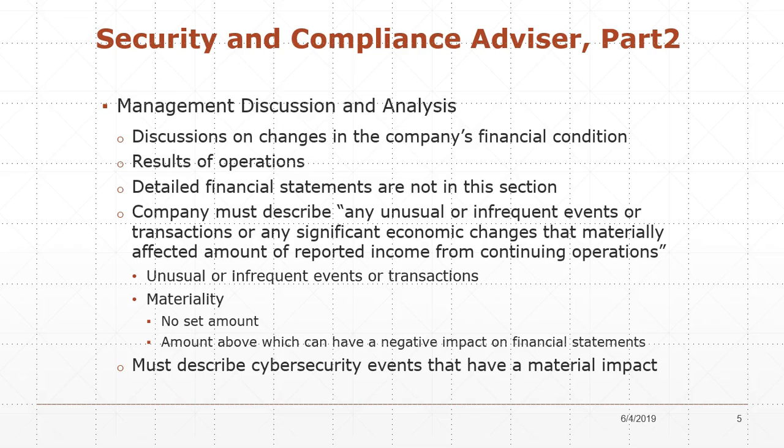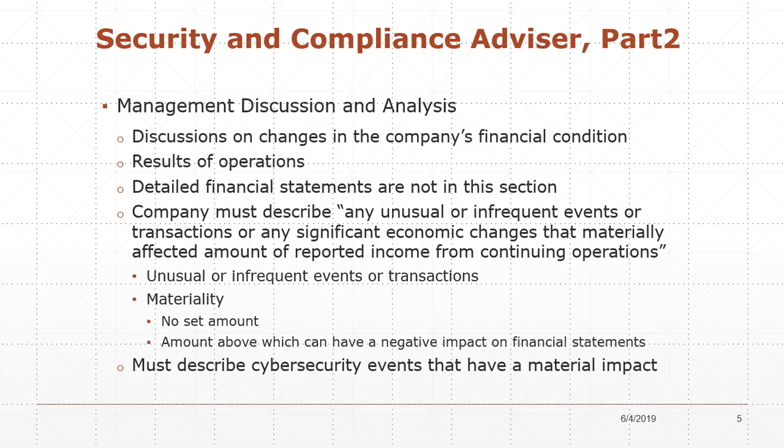In the management discussion and analysis, this is where you'll have discussions on the changes in the company's financial condition. This is such as the results of operations, but the detailed financial statements, as I said earlier, are not in this section. Here you're looking at, quote, any unusual or infrequent events or transactions or any significant economic changes that materially affected the amount of reported income from continuing operations.